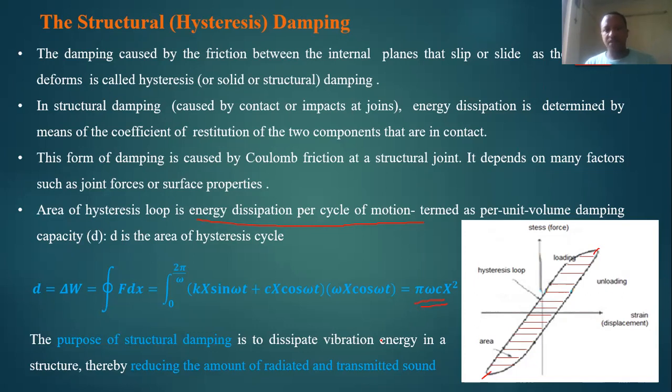For viscous damping, the amount of energy dissipated is equal to pi omega_d C x square. But here it is pi omega C x square, not omega_d. Anyways, we'll visualize all of them. The purpose of structural damping is to dissipate vibration energy in a structure, thereby reducing the amount of radiated and transmitted sound.